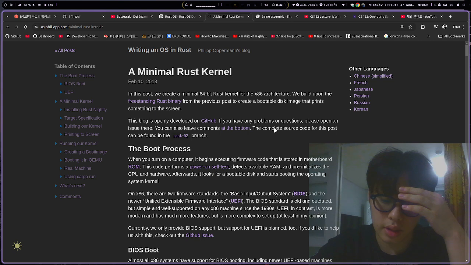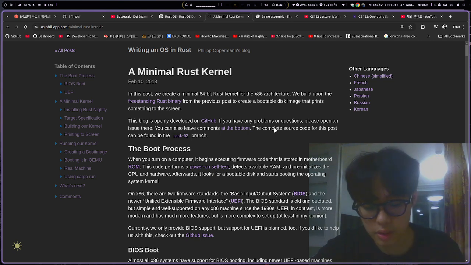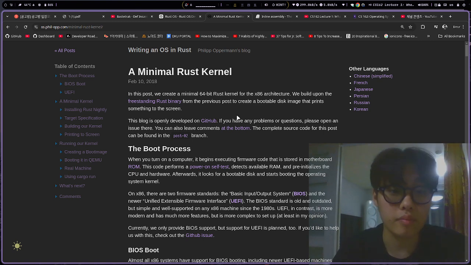No, I mean, I'm going to keep on reading this, but I'm going to try to read other documents about the bootloader or firmware code, because there's a lot of background I have to understand to make a minimal Rust kernel. So yeah, this is it.